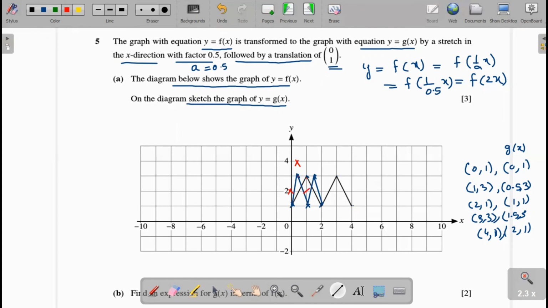This is the new graph, y equal to g of x, and this is the answer.